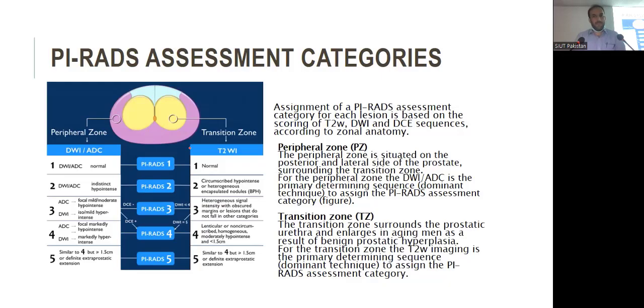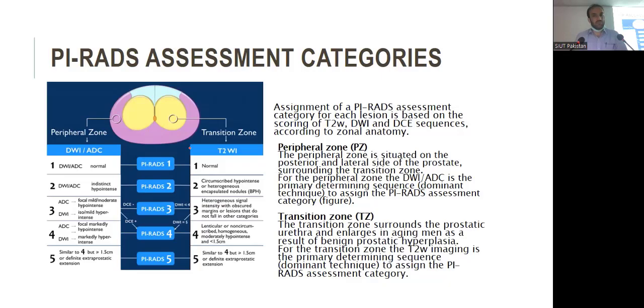Is it the software or the endorectal coil? The endorectal coil gives more yield, but software is very important, and machine strength as well: if the strength is increased, like 3 Tesla, even without an endorectal coil the yield can increase.